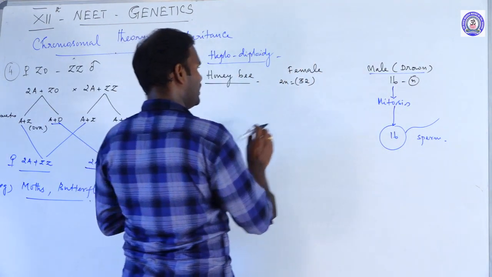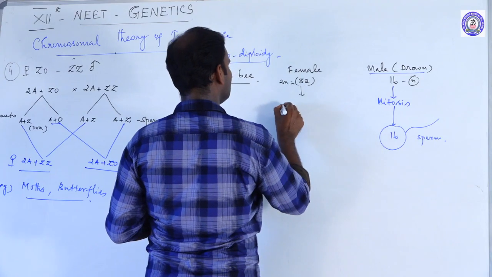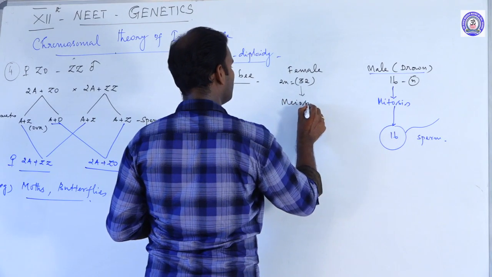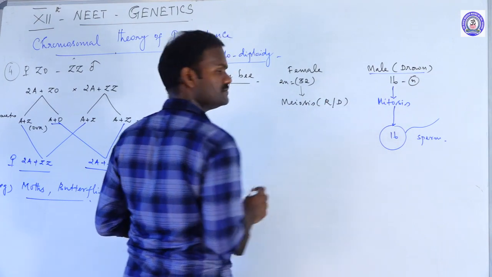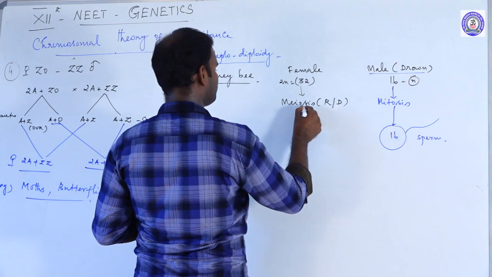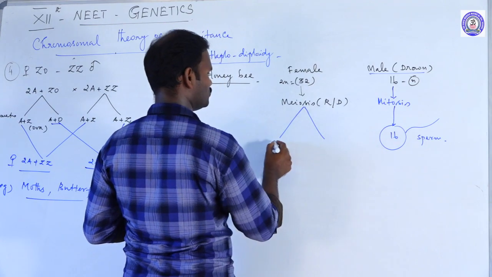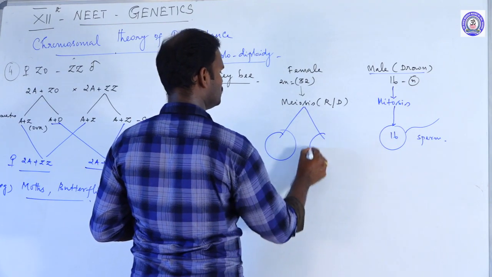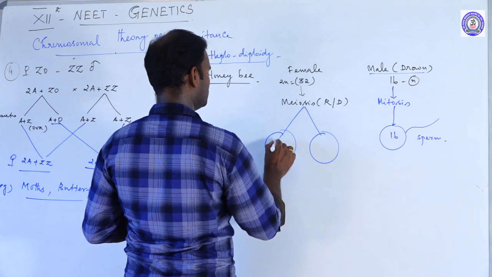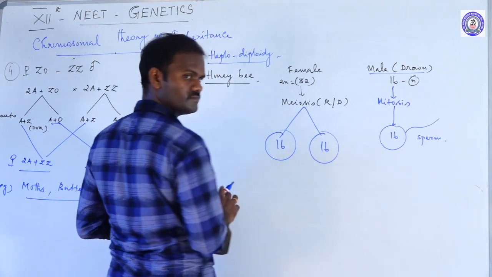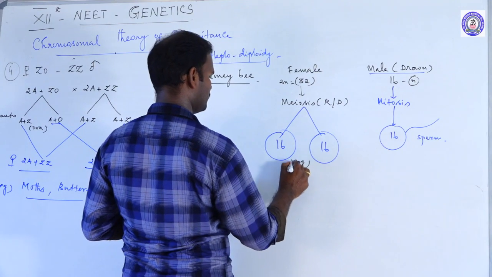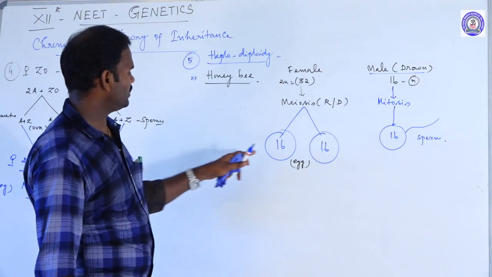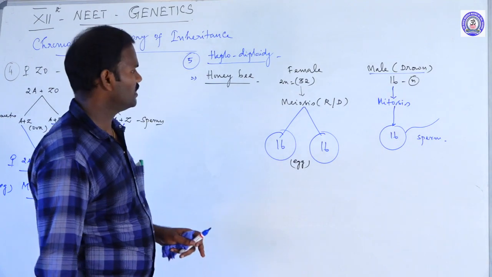But female undergoes meiosis, I mean reduction division, to form a haploid set of chromosomes, 16, 16. There are two eggs formed, both are haploid sets of chromosomes.